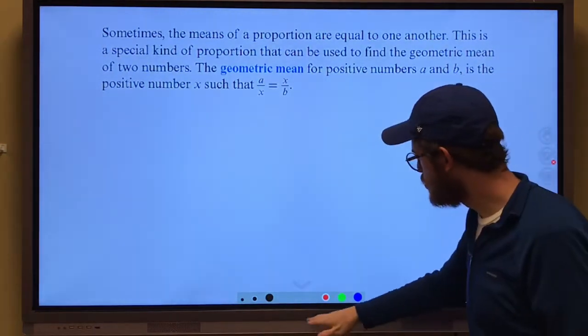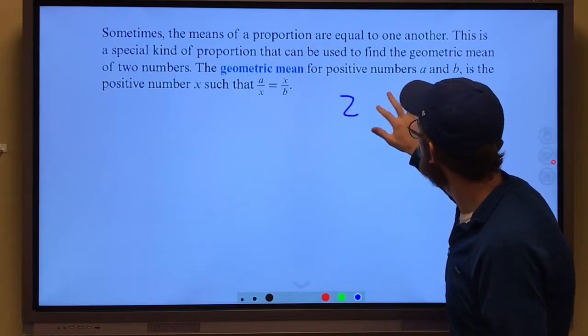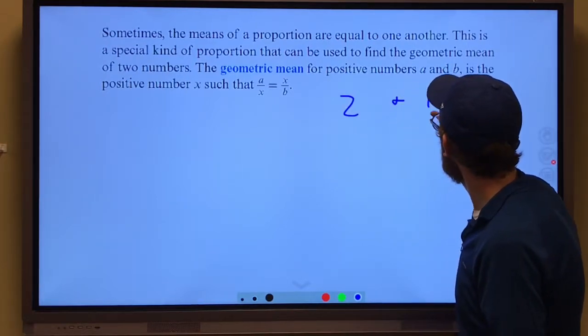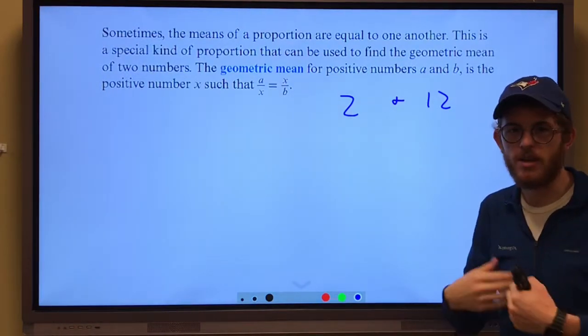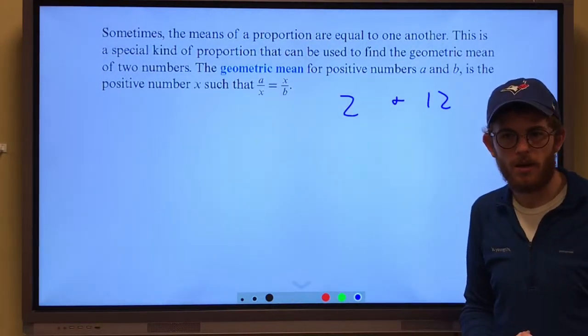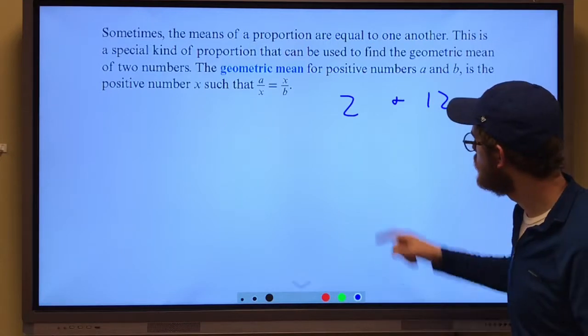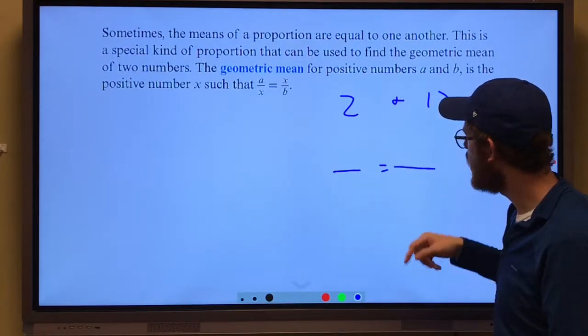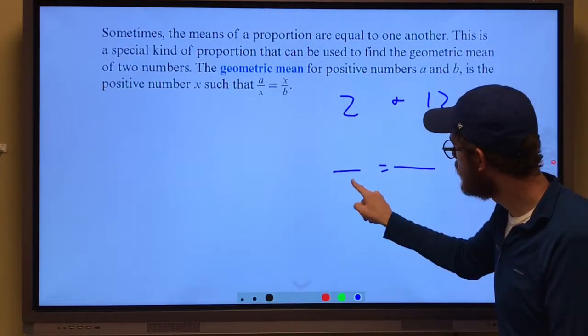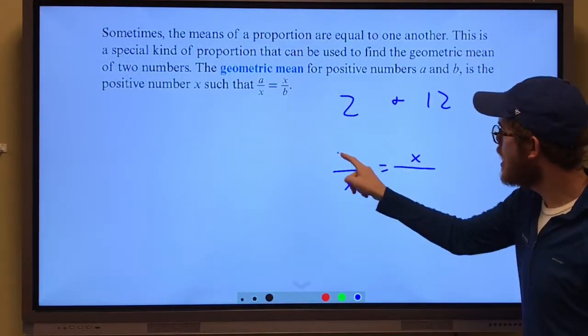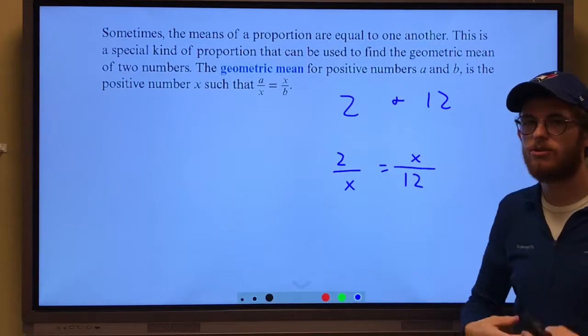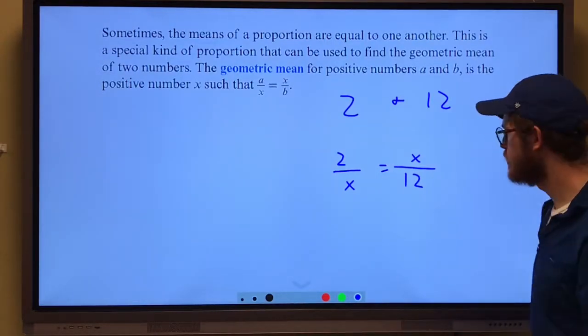So if we were to find the geometric mean of 2 and 12, we know if we were to average these, we would get 7. That is the arithmetic mean. But the geometric mean would be the one number that satisfies both mean positions, and the two numbers we're taking the geometric mean of will have to be the extremes.